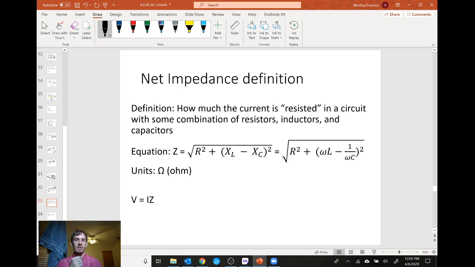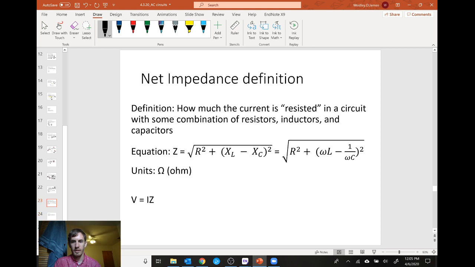So no longer do you just use resistance if you want to find current. You actually have to use all three of them. And this will give you what the voltage will be at some time given some current. Given the impedance, you can find the voltage in the whole circuit across all the elements together if you know the current at that time, or vice versa.